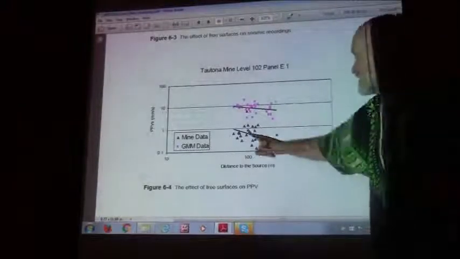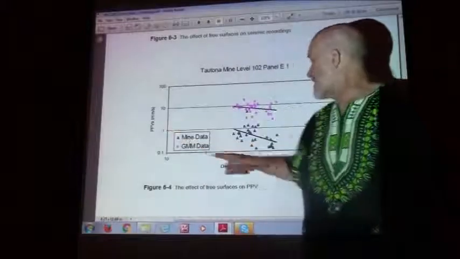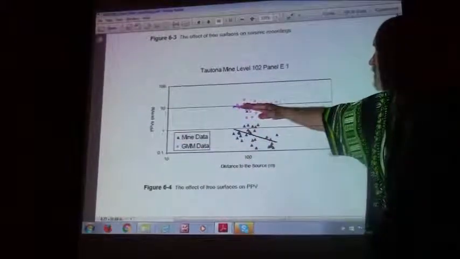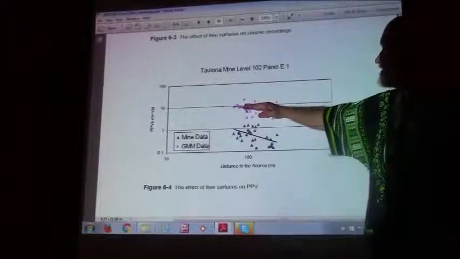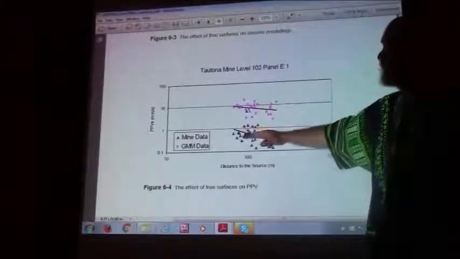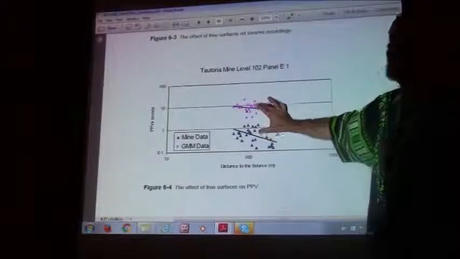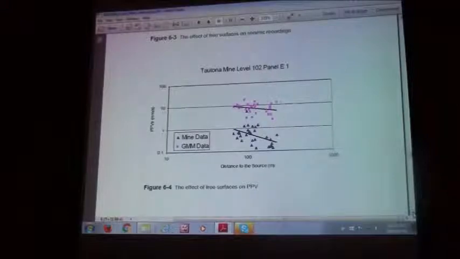This is the peak particle velocity that we would have recorded on a sensor in the rock, and these would be our particle velocities on the skin of the excavation. We get an amplitude anywhere between 4 and 10 times greater. In earthquake seismology, you talk about site effects, site amplification effects, and this is the underground equivalent of that.